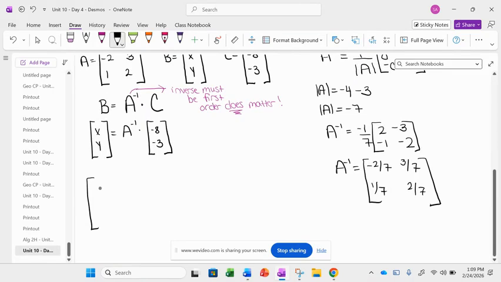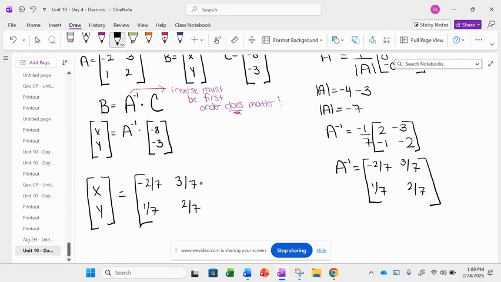So I'm going to have XY is equal to the matrix of the inverse of A, which is negative 2/7, 3/7, 1/7, and 2/7 times matrix C, which is negative 8, negative 3.